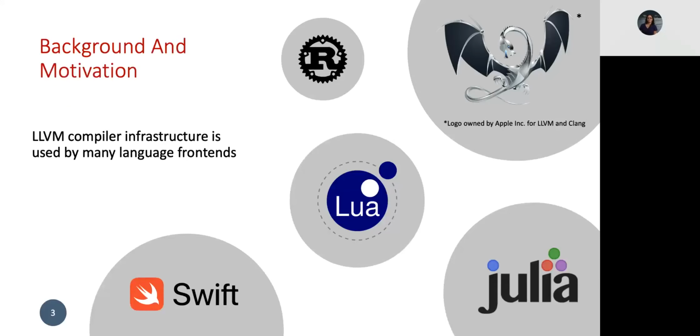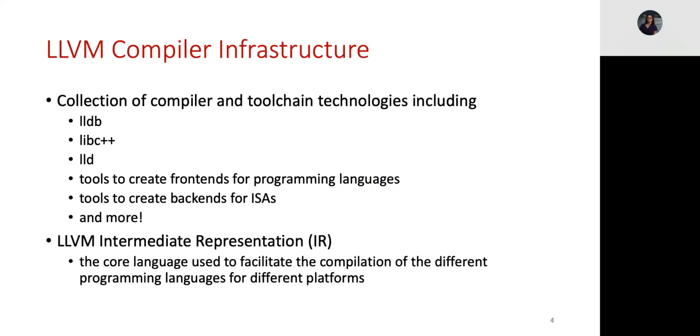So what motivated this project is that LLVM is something that is used widely by many languages. There is Rust, Lua, Swift, Julia, and probably one that almost all of us worked with, Clang. So the LLVM Compiler Infrastructure Project is a collection of compiler and toolchain technologies, such as the LLVM Debugger, Lljb.